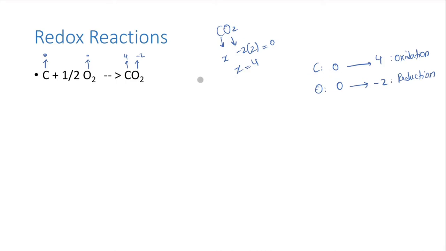Now, this is what we mean by the change of oxidation numbers. In one chemical species, the oxidation number should increase, and in another chemical species, the oxidation number should decrease, so that we can say that this is a redox reaction. Let's talk about more complex reactions. So here we have Al equal to 0, and Fe2O3. I need to solve for Fe2O3.